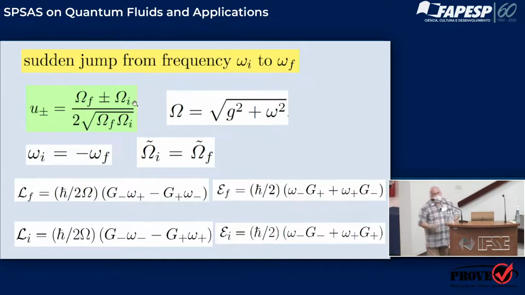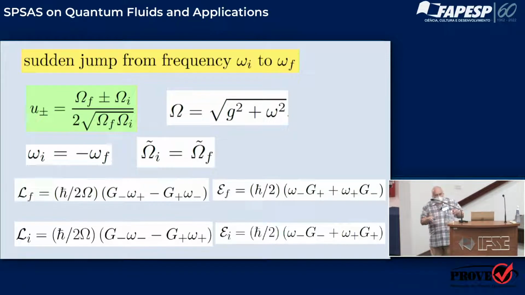Then these two coefficients, u plus and u minus, are given by these formulas, and we see that if we have exact field inversion, the magnetic field will be of the same magnitude but in another direction, then this u minus is exactly 0. But energy and magnetic moment will not be the same. Some parameters change their order.